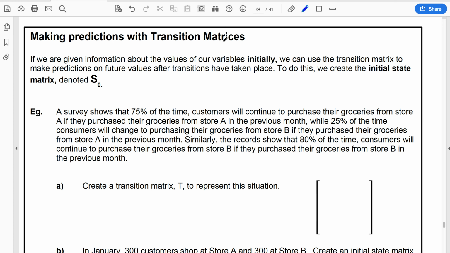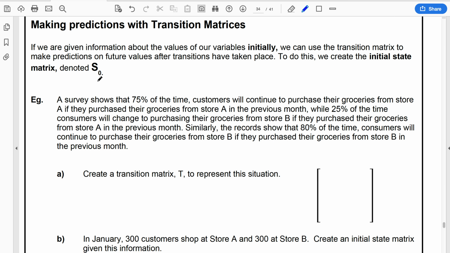If we're given the initial values of our variables, so how many were for each candidate at the beginning, we can use the transition matrix to make predictions on any future value. So what we're going to do is create, as I mentioned before, an initial state matrix, and we're going to give it the symbol S0. So this is for an initial state matrix.